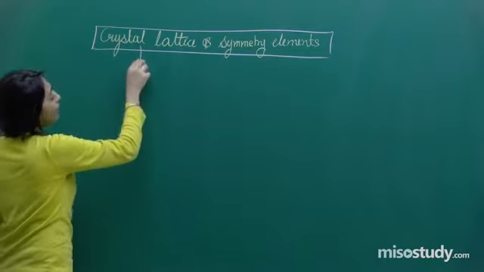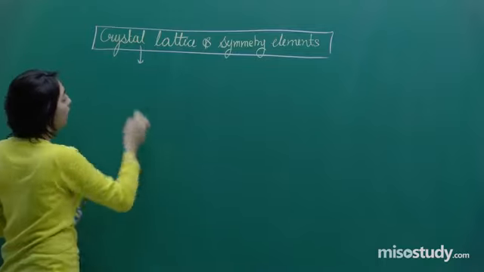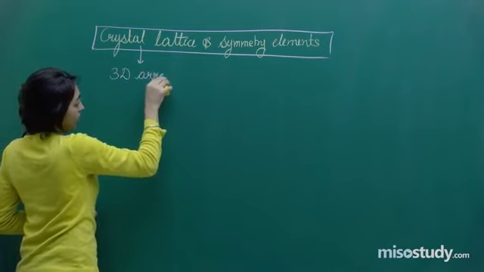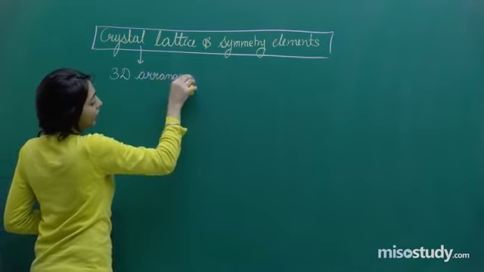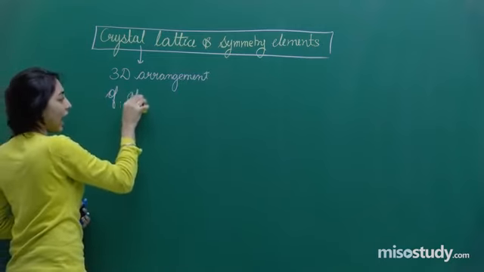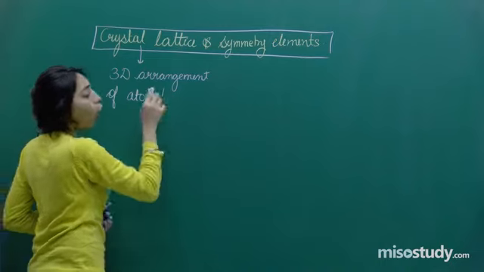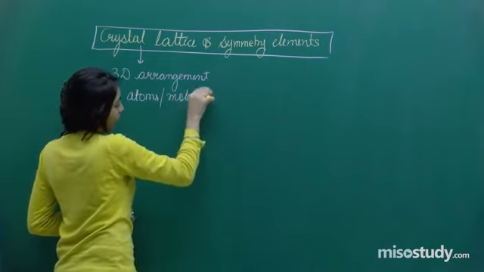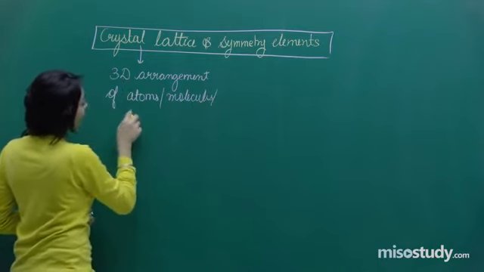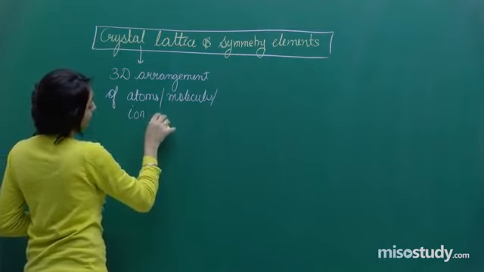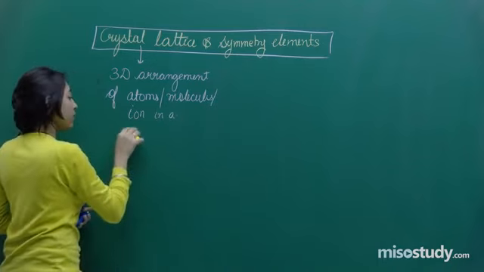I told you, right, a crystal lattice is nothing but the 3-dimensional arrangement of either the atoms or the molecules or the ions in a regular fashion.